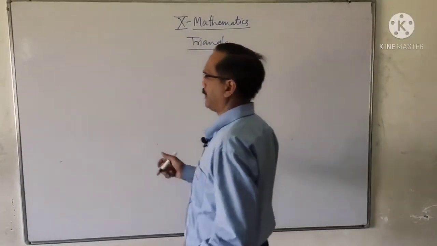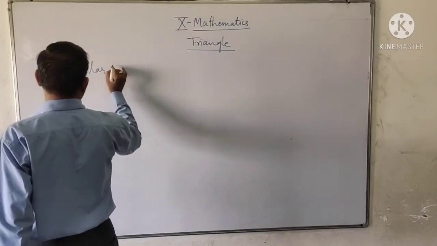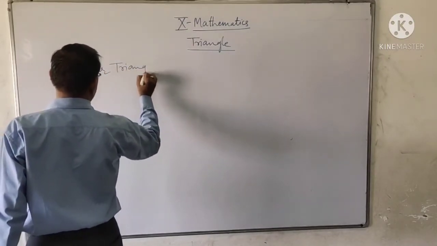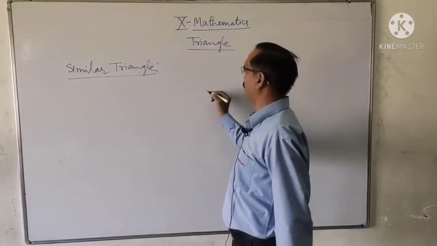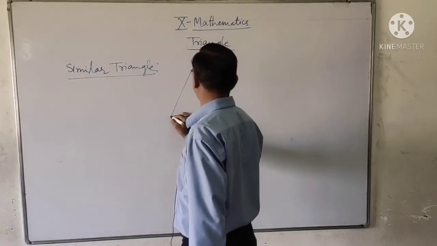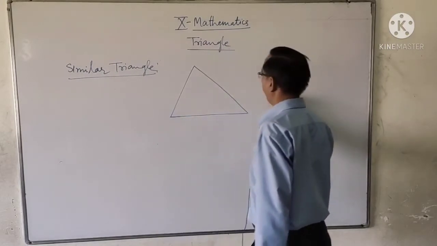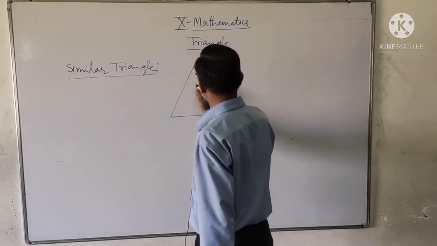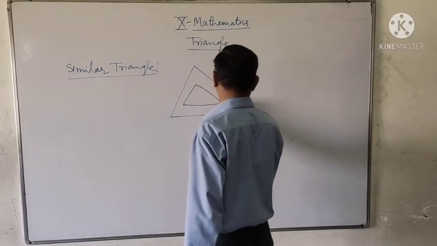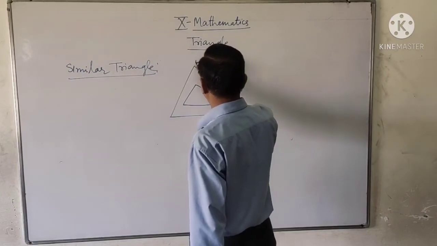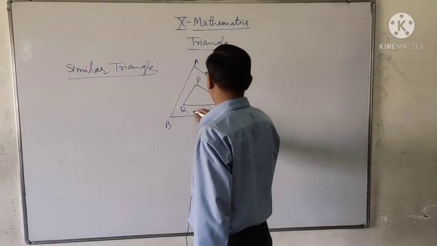Now next is similar triangles. Two triangles are said to be similar when their corresponding angles are equal. There is a triangle ABC and a triangle PQR.